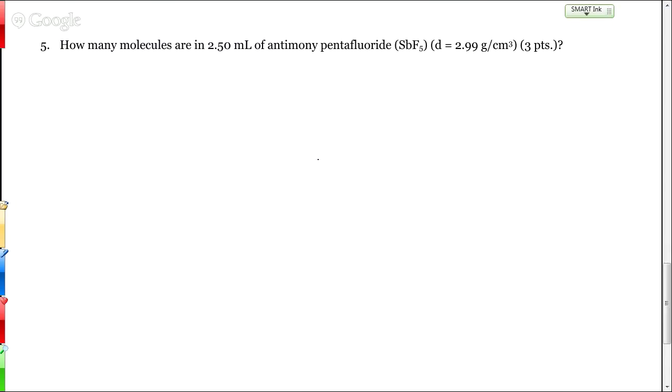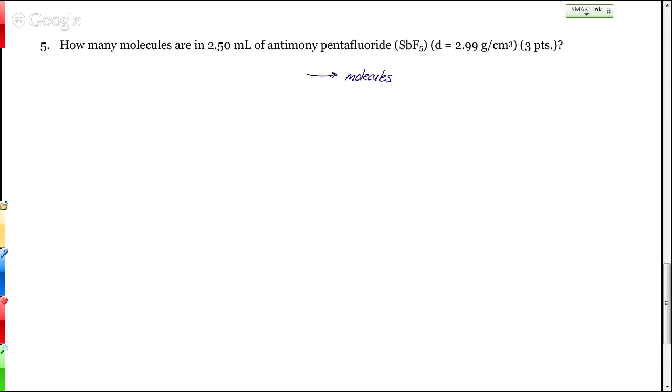So we've got to figure out, since we're looking for molecules in a volume, let's kind of set up a plan here. If we ultimately want to know molecules, what do we need to know before we get to molecules? What are we going to get molecules from? From moles, right? Because it's a count.